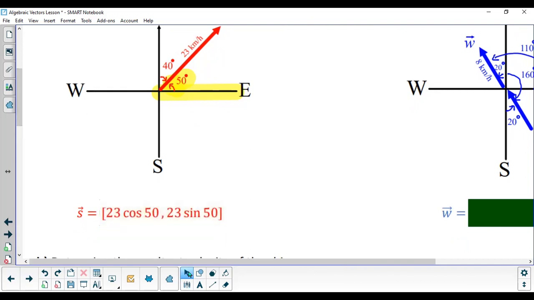I have the magnitude times cos 50, because 50 degrees is my principal angle, and the vertical component will be the magnitude, 23 kilometers per hour, times sine of my principal angle, okay? If I use the angle that they gave me in the word problem, I won't have the correct answer.